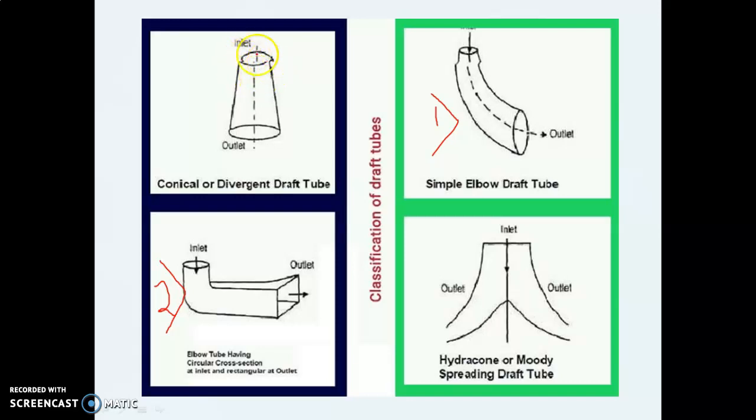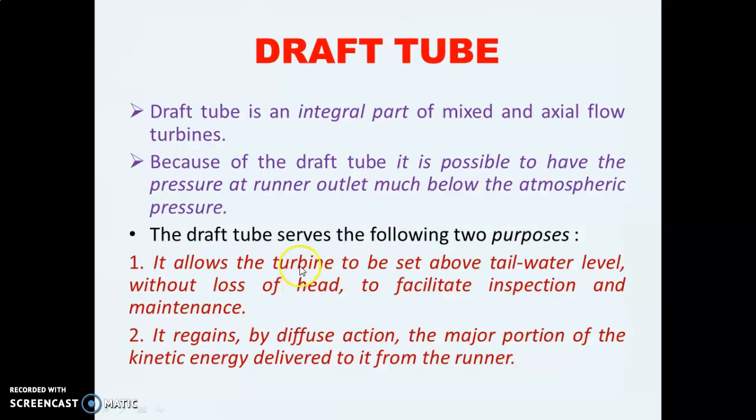Due to low pressure, kinetic energy will be high, but as we provide a draft tube, that means a tube with increasing diameter or increasing area, that kinetic energy will get converted into pressure energy. If you see here, as the area increases, the kinetic energy gets converted into pressure energy, and that energy we can utilize for the creation of electricity. We'll see how that is done.